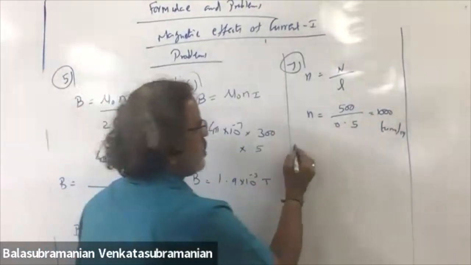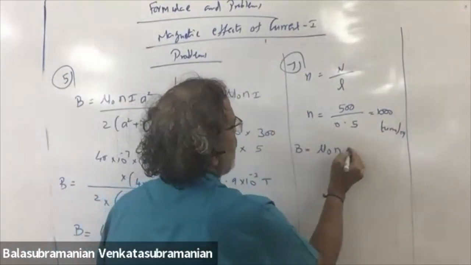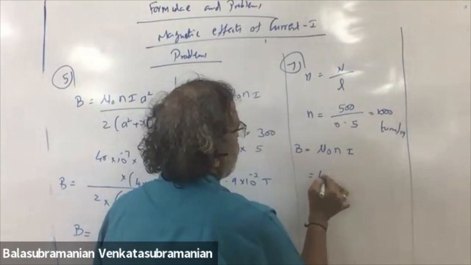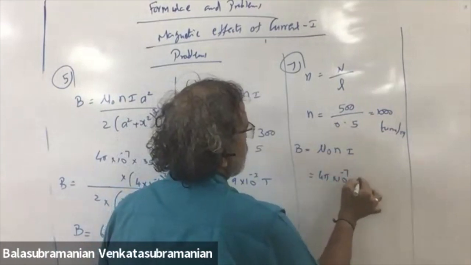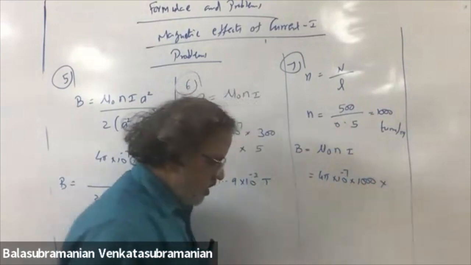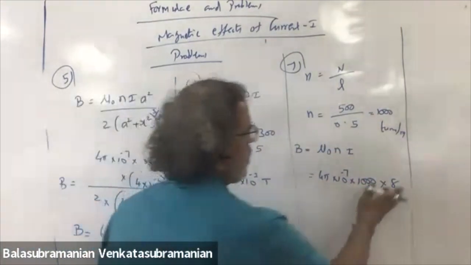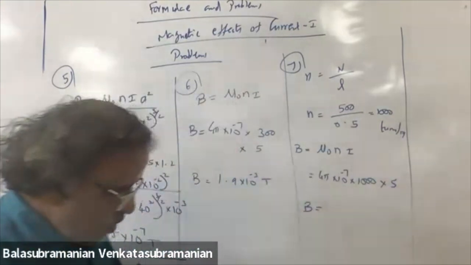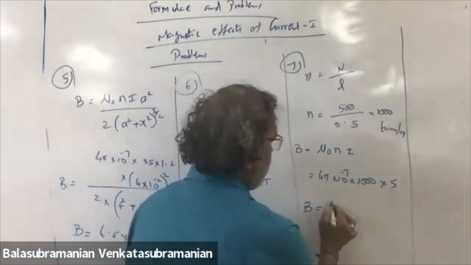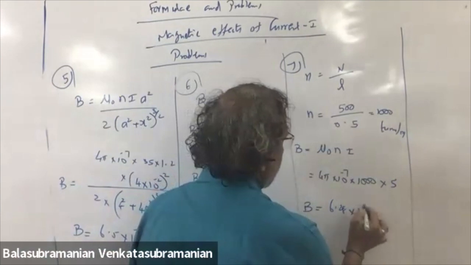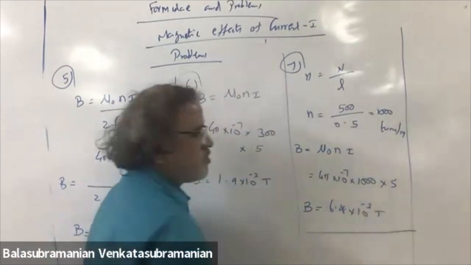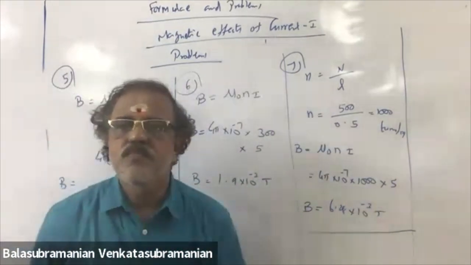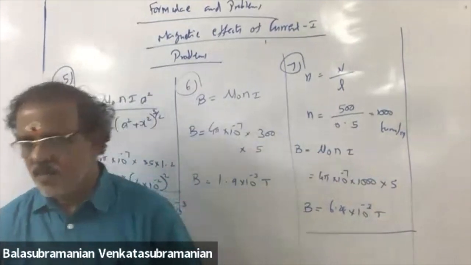Therefore, B is equal to mu naught nI, 4 pi into 10 power minus 7 into 1000, current is 5 ampere. So the value of B will be 6.28 into 10 power minus 3 Tesla. Correct? Okay.